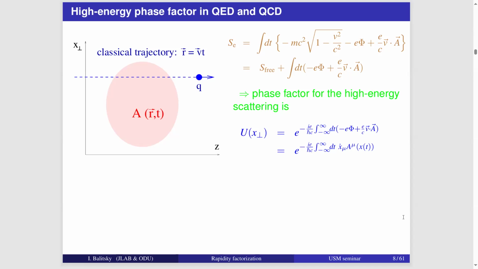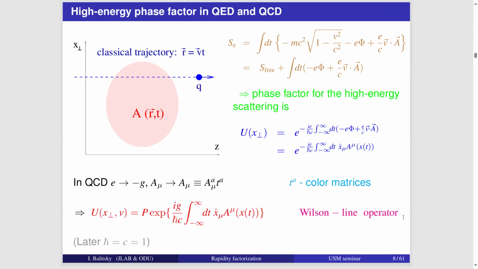So the phase factor for the high energy scattering is given by this expression, which can be rewritten in the following way. And for QCD, instead of the electron charge, you have the QCD coupling constant, and A mu is a matrix, therefore this phase factor is now an ordered exponential. In this form, it is called the Wilson line operator.